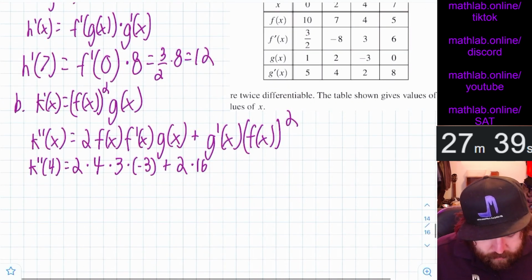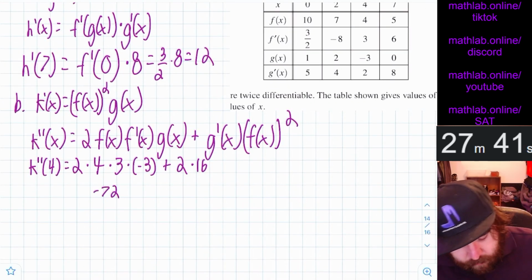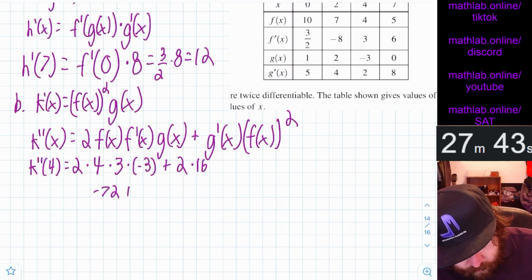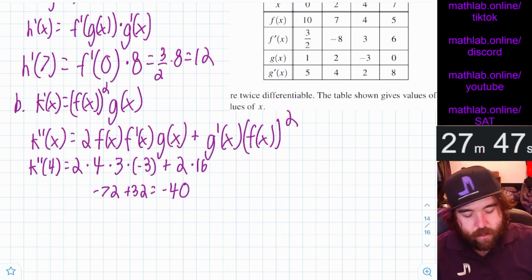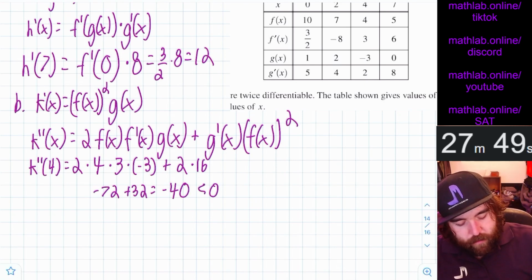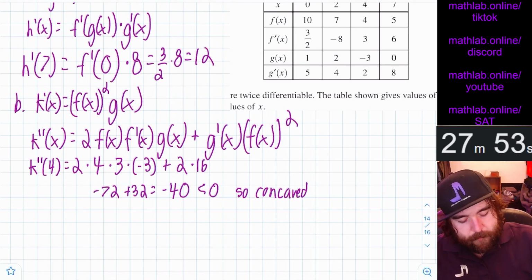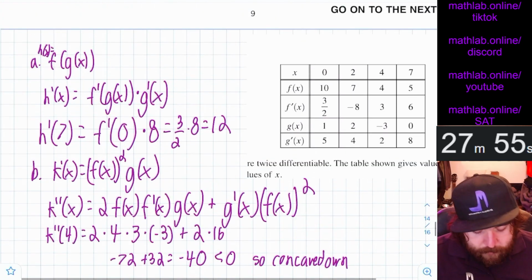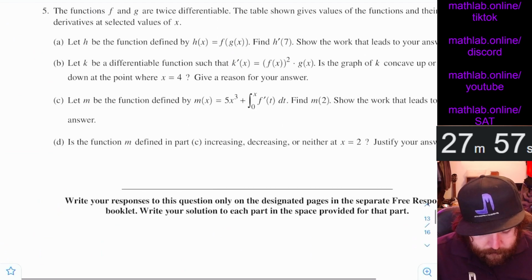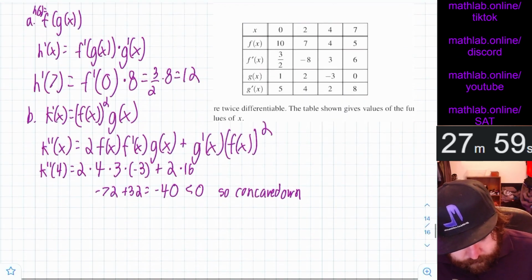So we got 8 times 9, negative 72, plus 32 is negative 40. So therefore it is less than 0, so it's concave down. Okay. C.